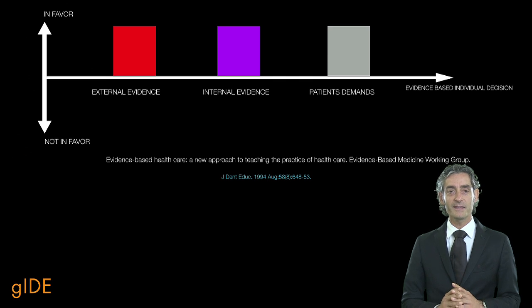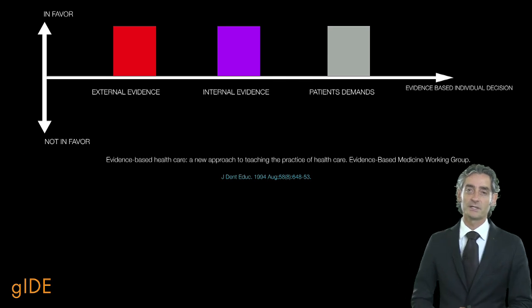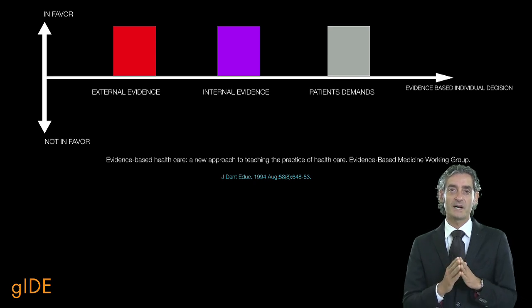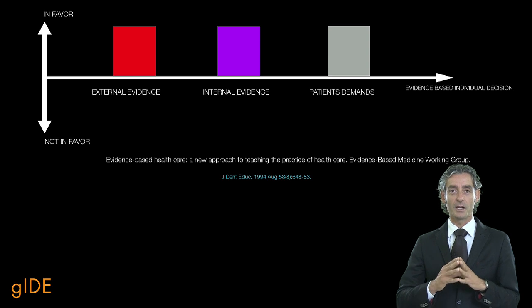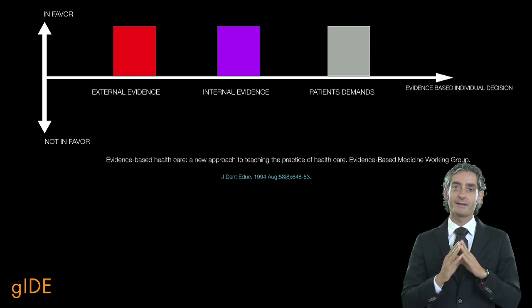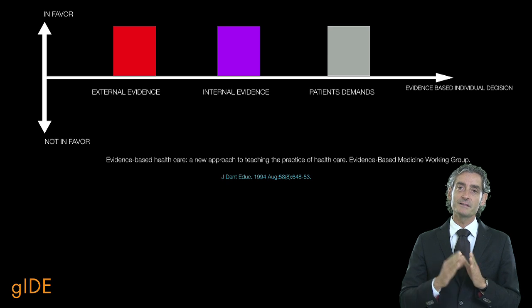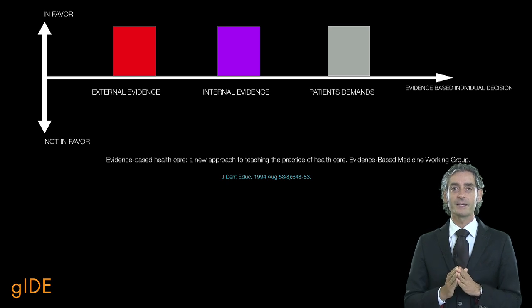I think the first point when we start to treat the patient is that we have to understand that external evidence is really important for us. When we treat the patient, we must find our technique in the literature and evaluate it. Then internal evidence is something different.